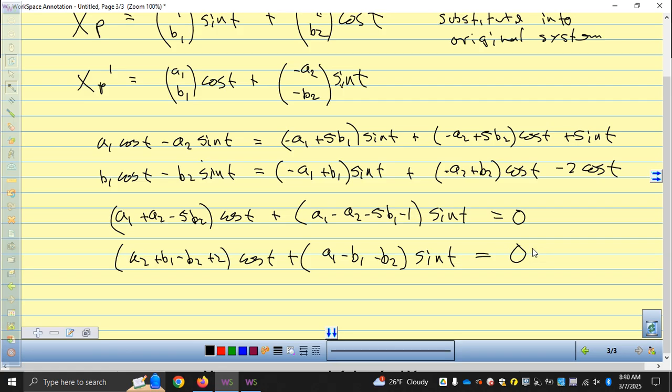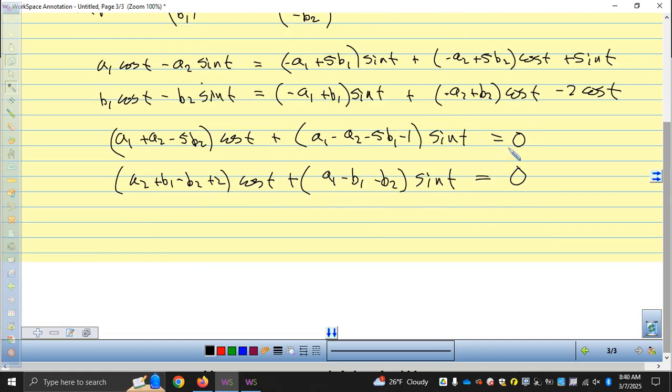So what we need in order for these equations both to equal 0 for all values of t: we need a1 plus a2 minus 5b2 to be 0. We need a1 minus a2 minus 5b1 minus 1 to be 0. We need a2 plus b1 minus b2 plus 2 equals 0.